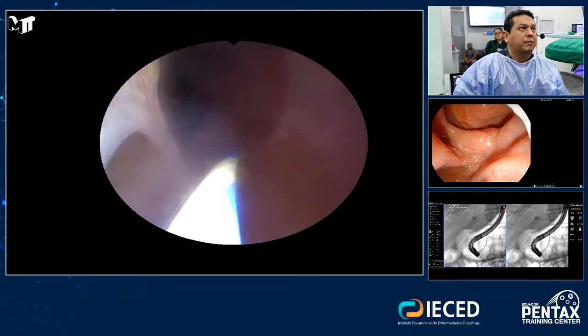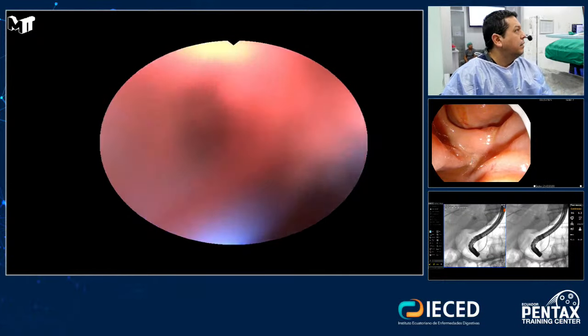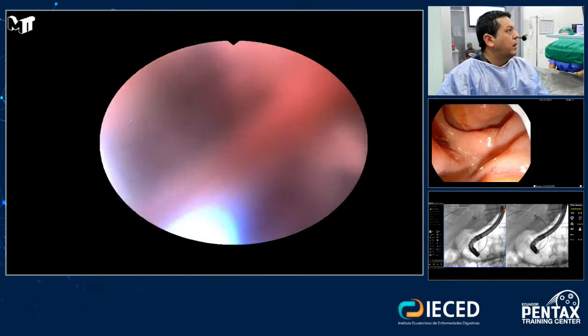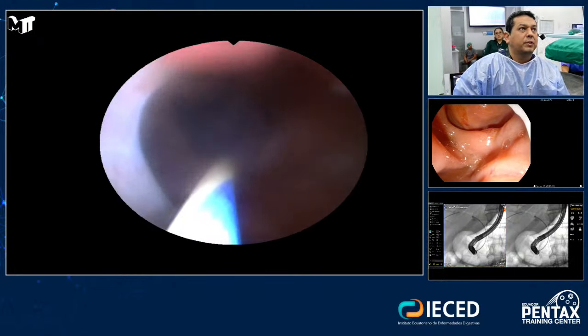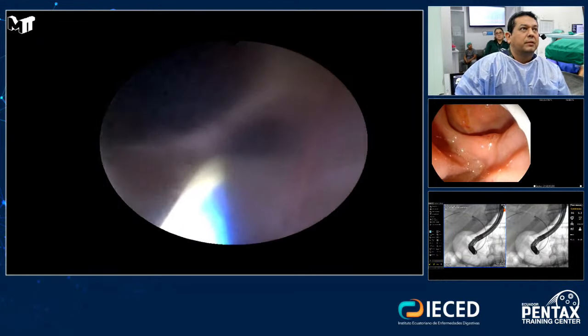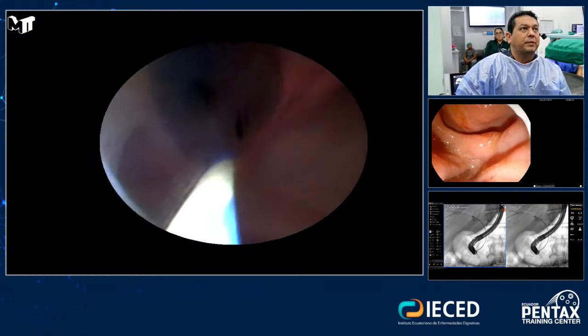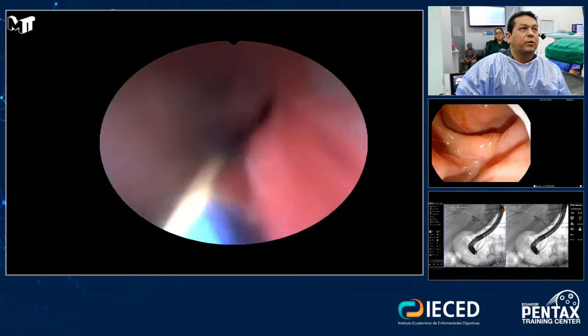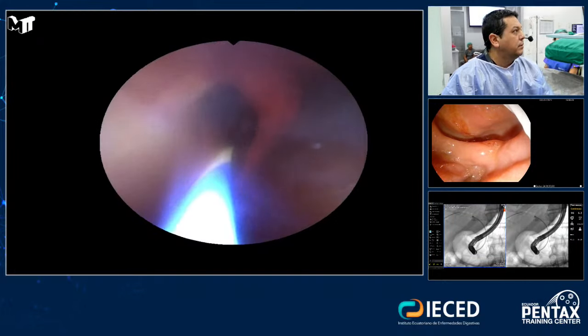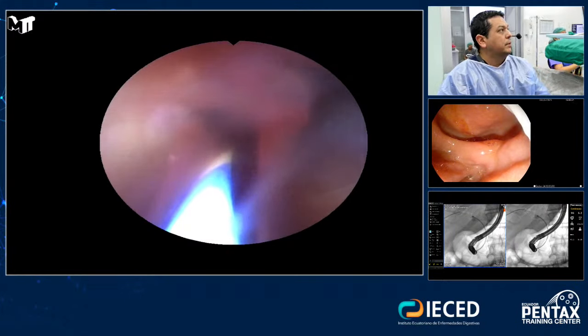Now I am here. So I believe I will use, you see, this is extension, so it's not a problem inside. So I will use a metallic fully covered stent. Ponme contraste aquí.